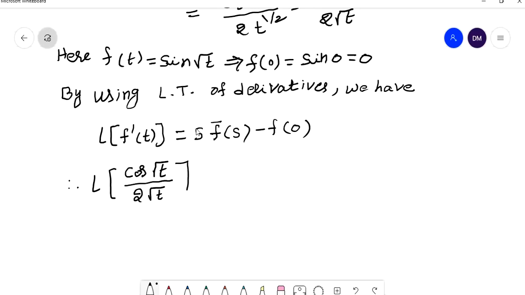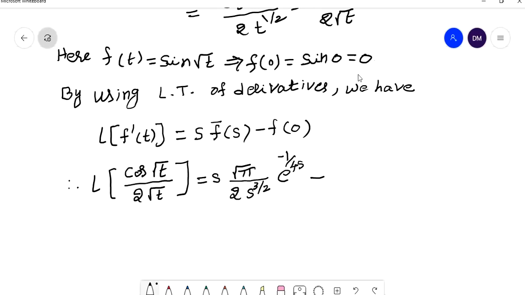So this is equal to s into, from the given data, f bar of s value, which is root pi by 2 into s power 3 by 2 into e power minus 1 by 4s, minus f of 0 value, which is 0.